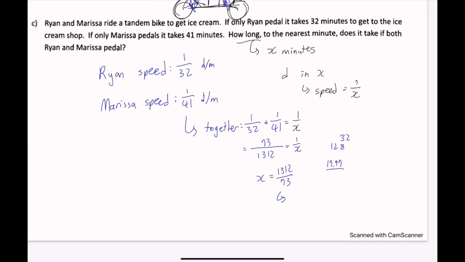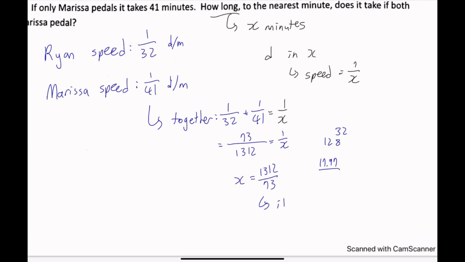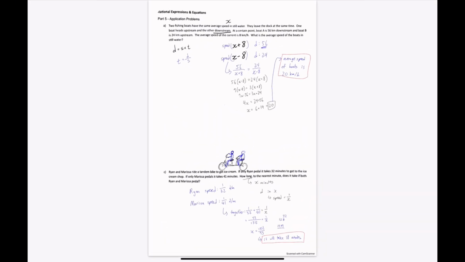So, how long to the nearest minute does it take if both Ryan and Marissa pedal? So it will take 18 minutes. And there's our answer. Oh, period. Boop. So that was the application problems, and I hope you all understood.